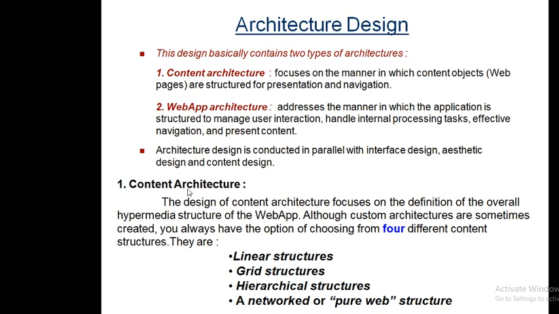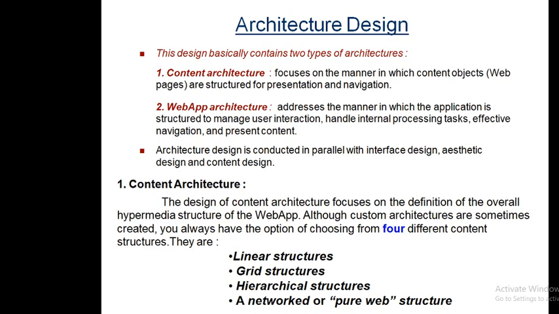Coming to the first one, the design of content architecture mainly focuses on the definition of the overall hypermedia structure of the web application. That means whenever you are developing a web application, content architecture focuses on how the content is to be represented in hypermedia structured formats.